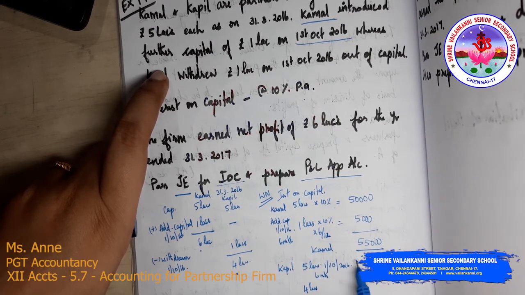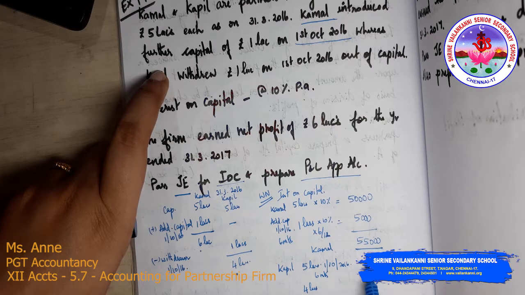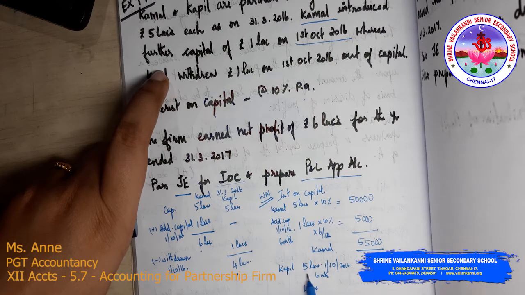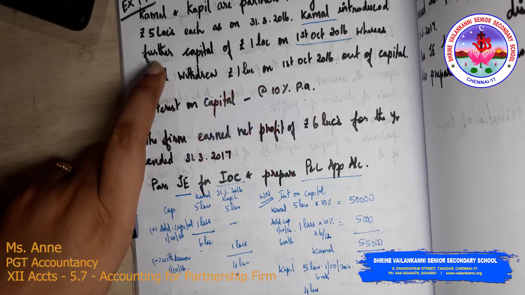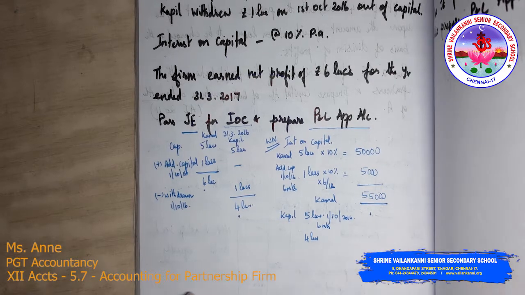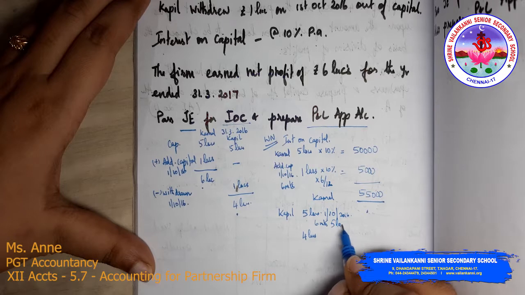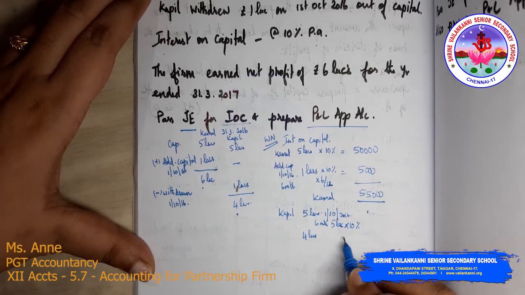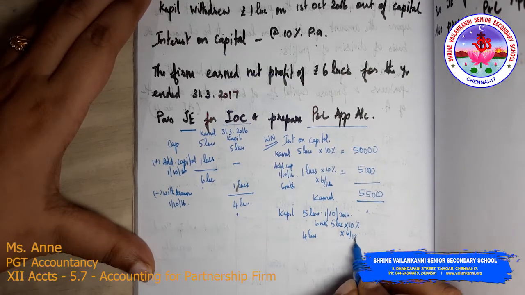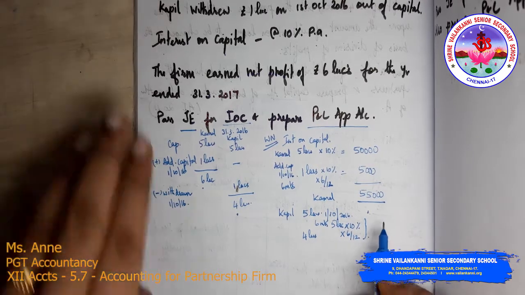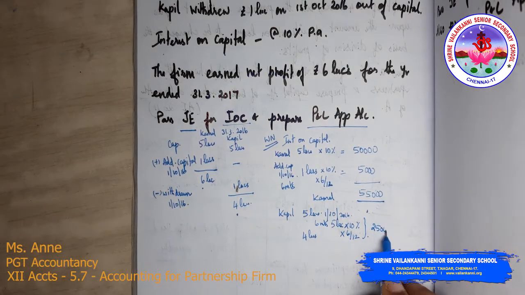So 5 lakhs into 10% into 6 divided by 12, we get 25,000.